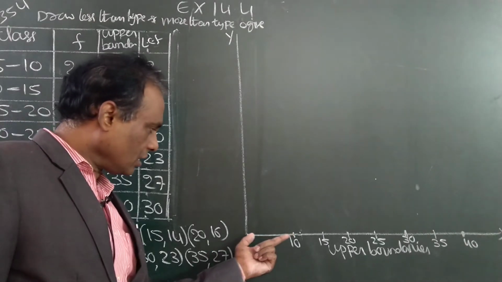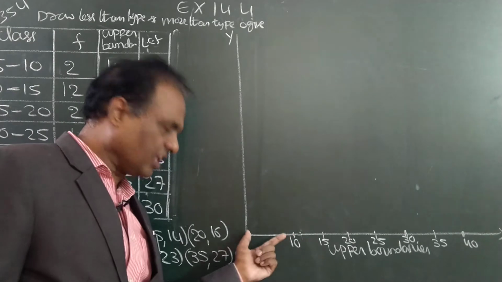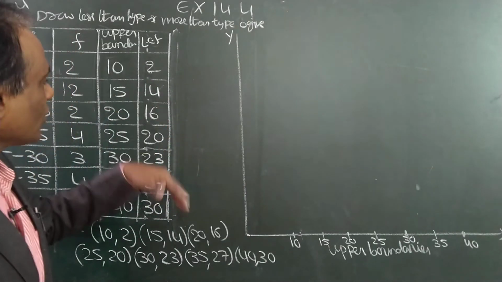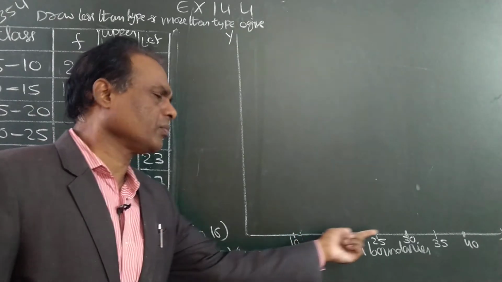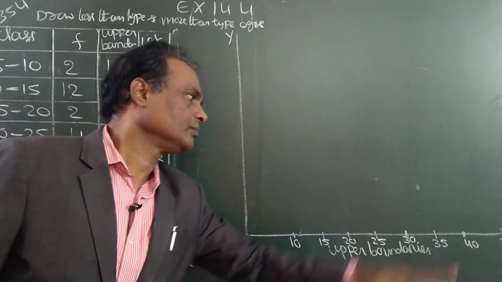Keep this a double distance so that we can draw the other curve also on the same graph. So make this big, after that small, a 5 difference.